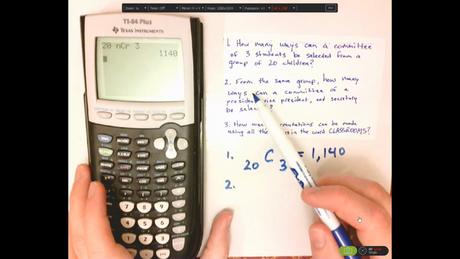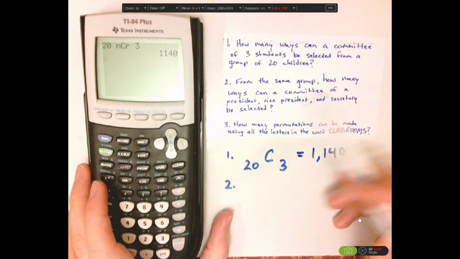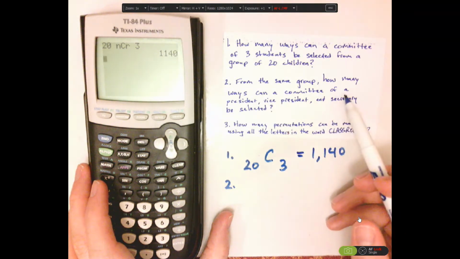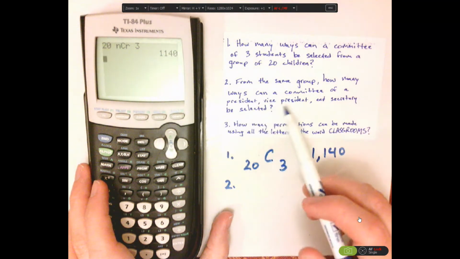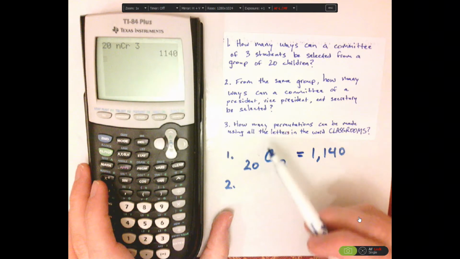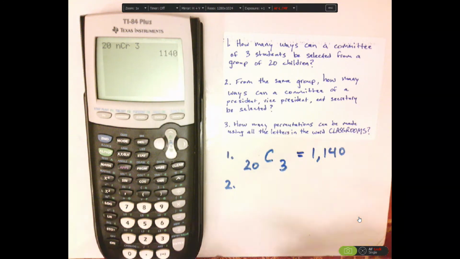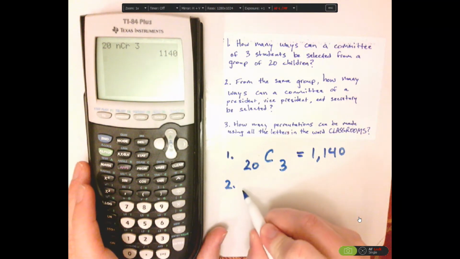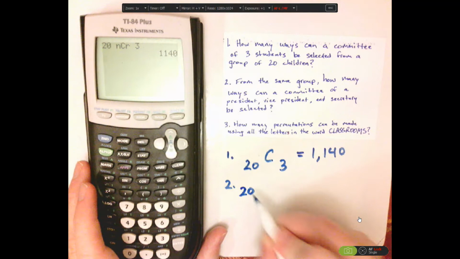All right, let's look at our second one. The second question says, from the same group, how many ways can a committee of a president, vice president, and a secretary be selected? Well, since I'm concerned with rank or order, this is going to be permutations. So again, I'm choosing out of 20.